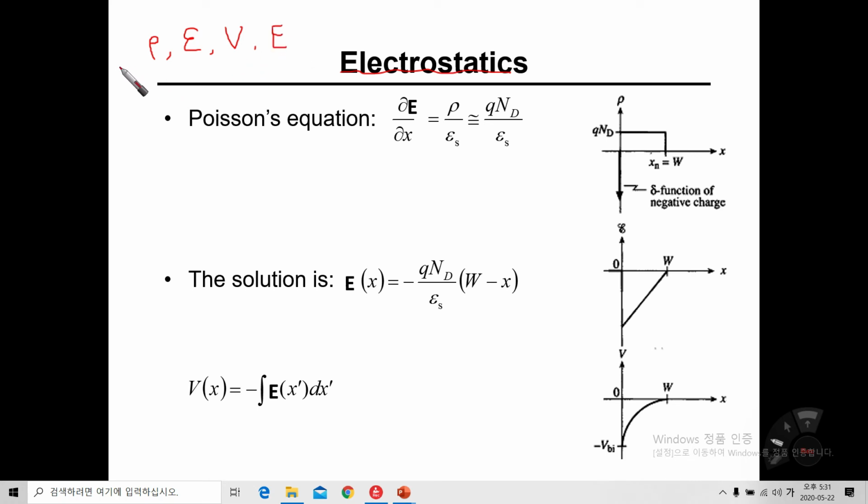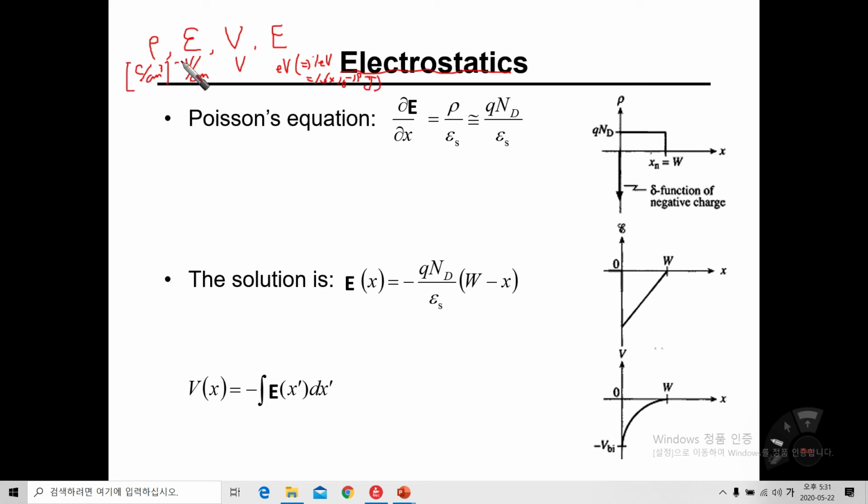Let me write down the unit for each variable: coulomb per cubic centimeter, volt per centimeter, volt, and electron volt, where, just for your info, 1 electron volt is identical to 1.6 times 10 to the minus 19 joule.